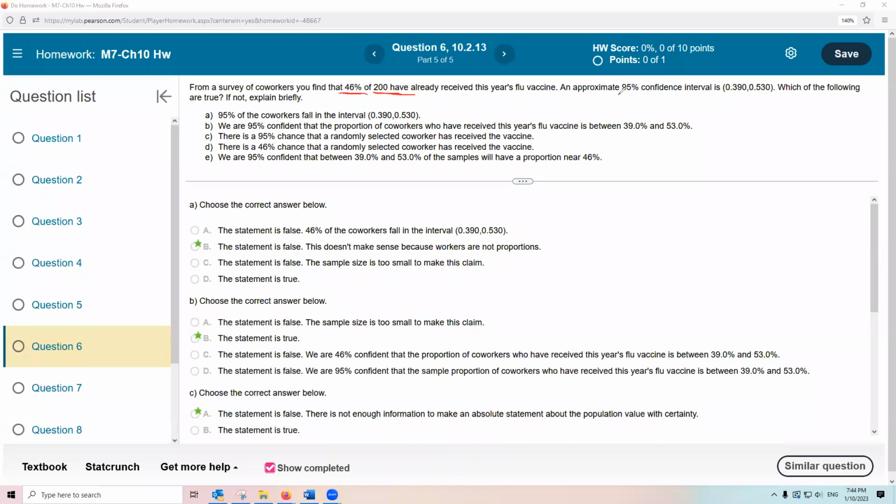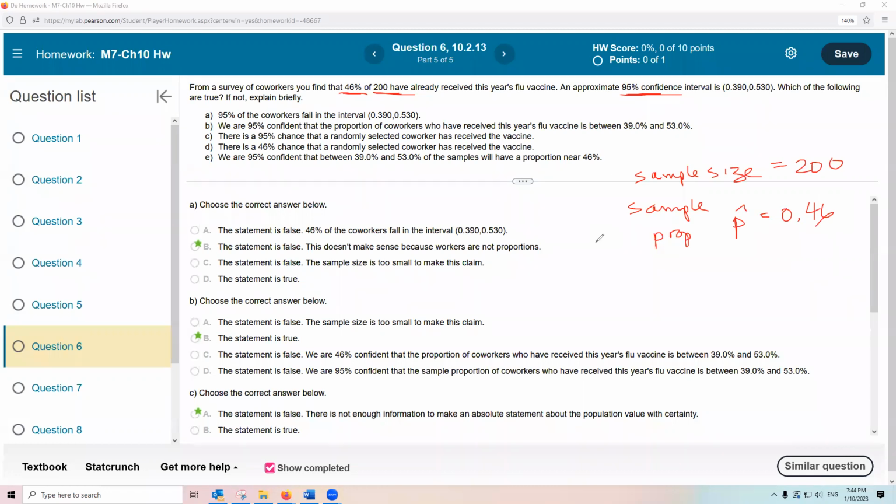So you're coming up now with a 95% confidence interval of 0.39 to 0.53. So let's write this down. The sample size here was 200. The sample proportion, we use p hat for that, is 0.46 in the problem. So when I took the sample of 200 people, 46% of them said they've received the flu vaccine.